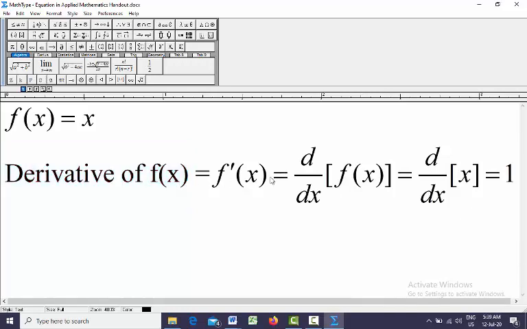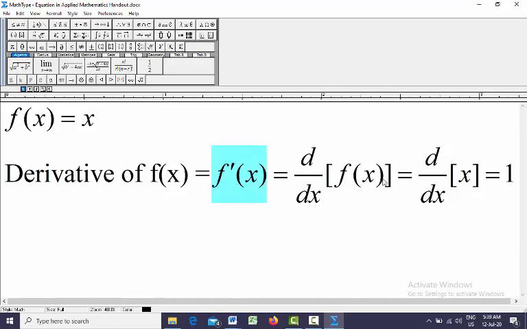As I said before, when you do differentiation, the sign becomes f prime x, or in another way you can write it as d by dx of the function of x. You can also write it like f prime x, right?